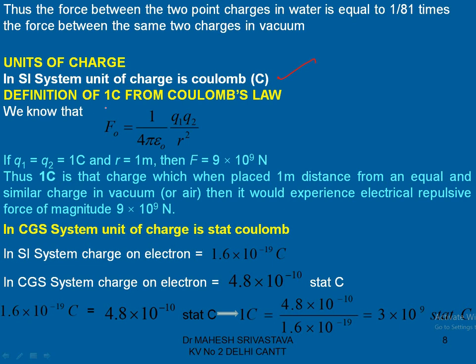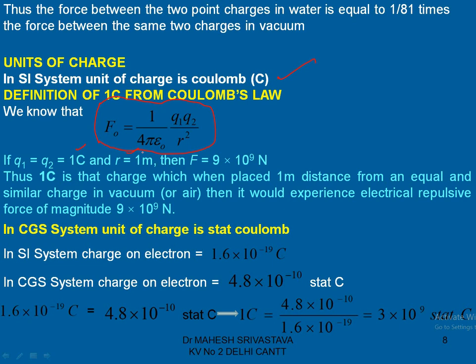So the 1 coulomb definition we will explain with the help of Coulomb's formula, that is F naught equal to 1 upon 4 pi epsilon naught Q1 Q2 upon r square. If we say that Q1 equal to Q2 equal to 1 coulomb and small r equal to 1 meter, then you substitute these values in this equation.